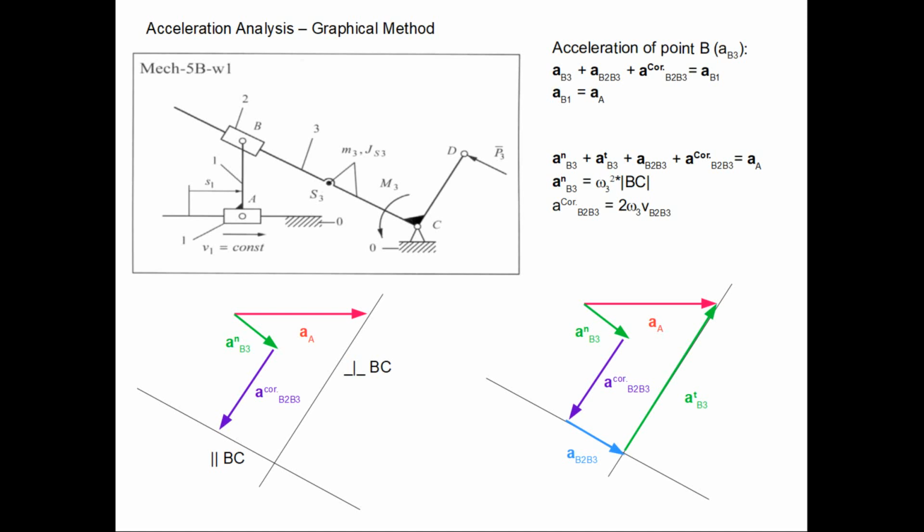So if we have these two directions, we can now find the point of intersection of these directions, and we can draw our missing vectors. So in the final vector diagram we have found the two unknown vectors AB2 B3 and AB3 tangential. So it ends our analysis of the acceleration of point B.